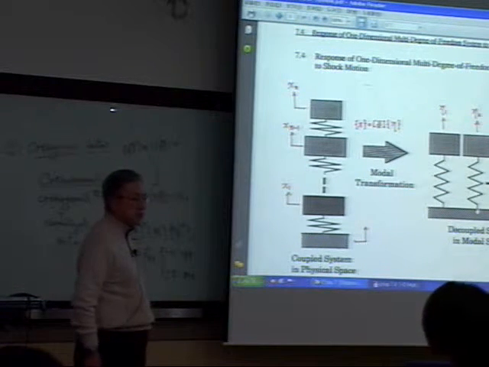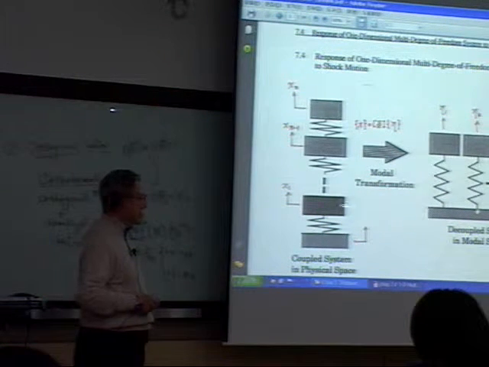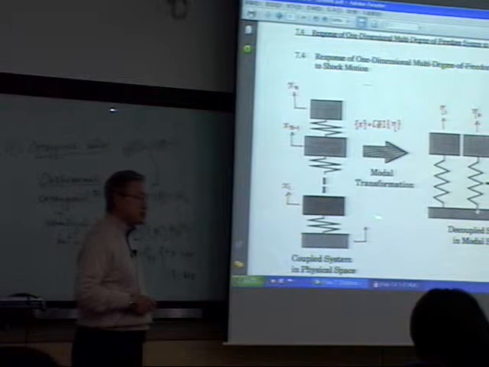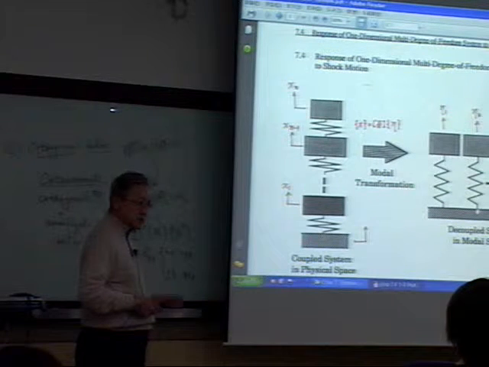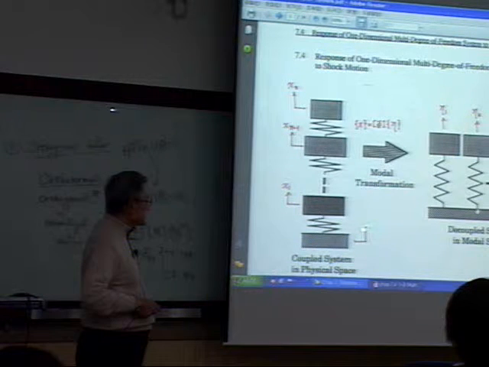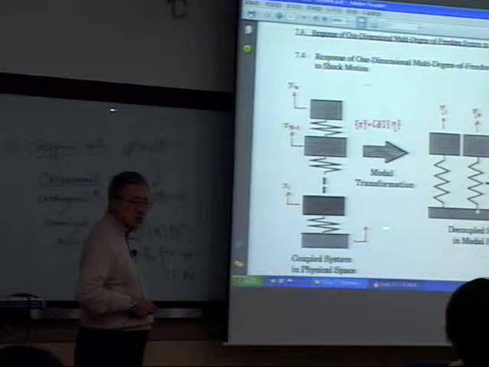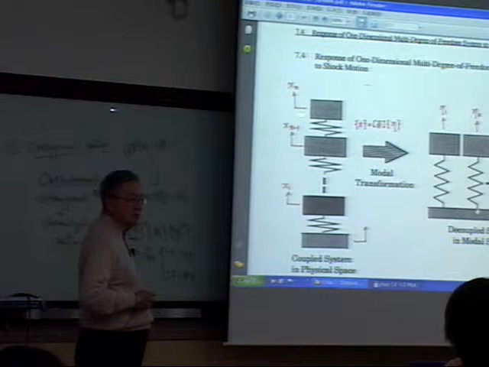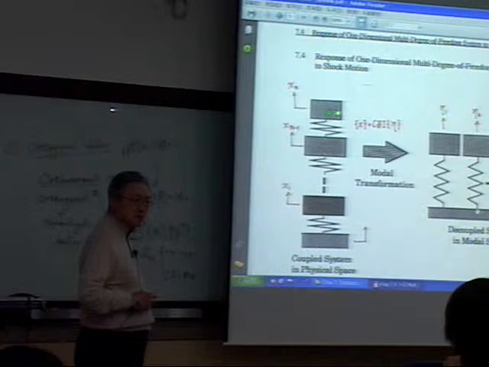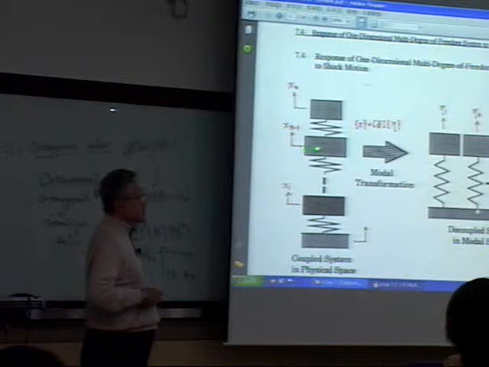What we did for the shock spectra, if this is only one mass, we defined the relative displacement as x minus g. The approach here is identical. If this is x1 and this is z, y1 is x1 minus g. And if this is xn, then yn is equal to xn minus g.